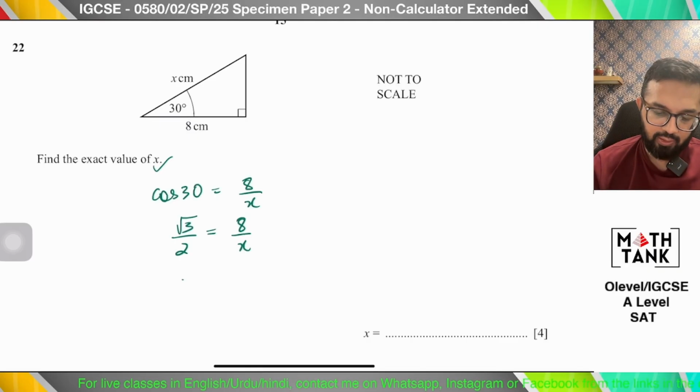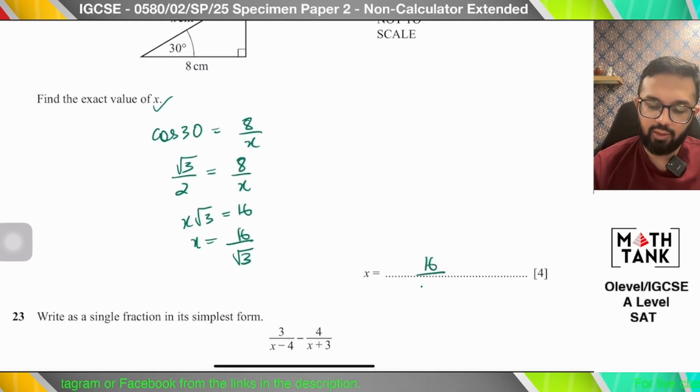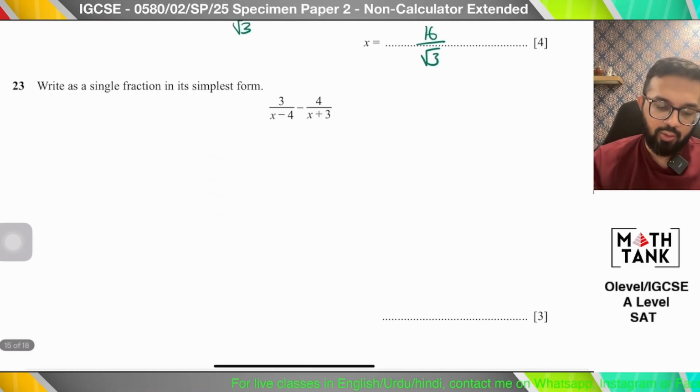So I get x root 3 equals 16, and x equals 16 divided by root 3. You can give that as a final answer, that would work, since this is an exact value, although you should rationalize and then do it. Okay.